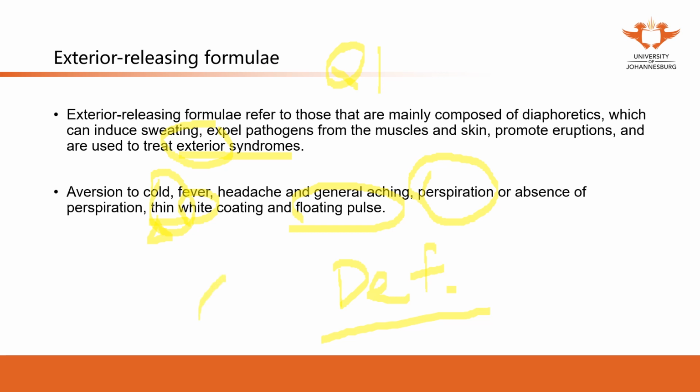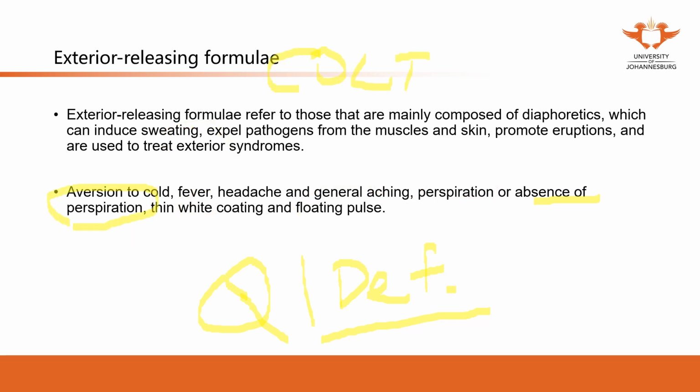The qi deficiency, more specifically, the qi deficiency in the superficial level. So the qi lost the function of confining body fluid. Then this patient presents as perspiration. In the other situation, absence of perspiration, this is due to the cold attack, coldness.